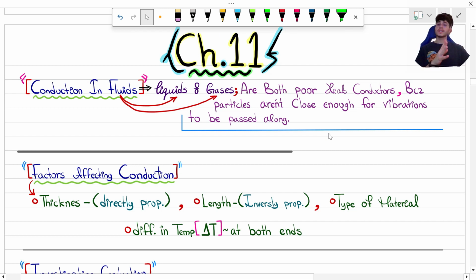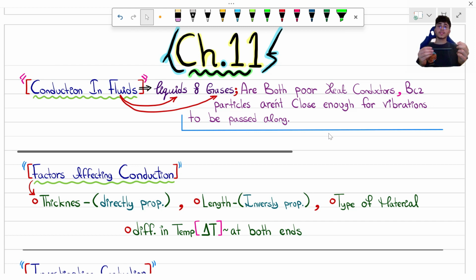Conduction in fluids: there isn't really much conduction in fluids because, like I said, it's the main method in solids. But it can happen in fluids like liquids and gases, but the problem is they are very poor conductors of heat because the particles aren't close enough for vibrations.